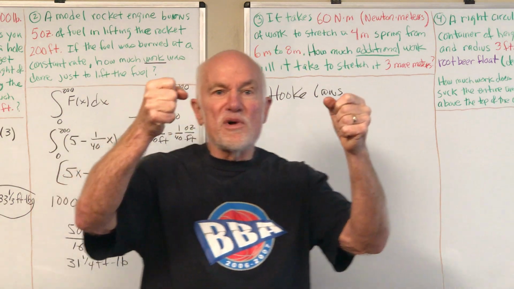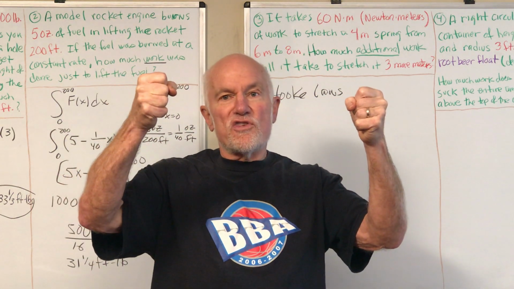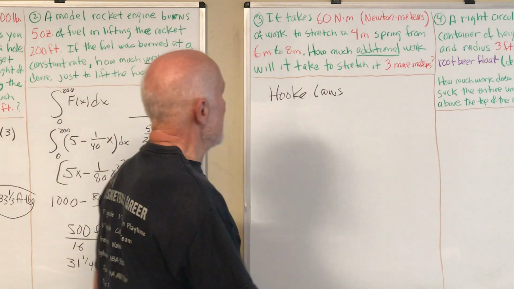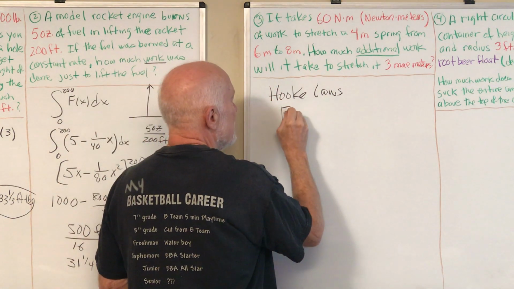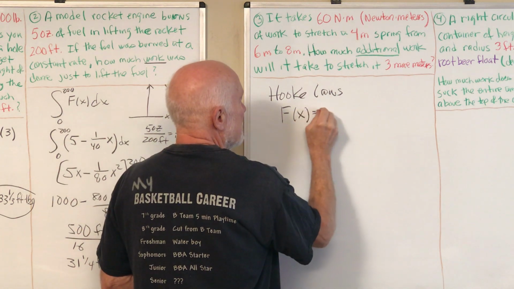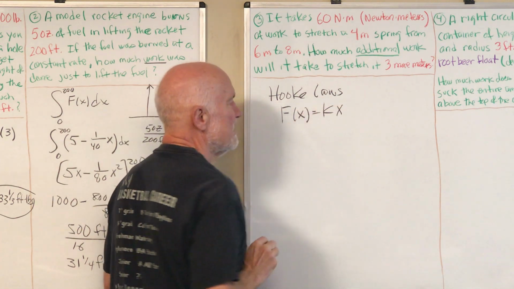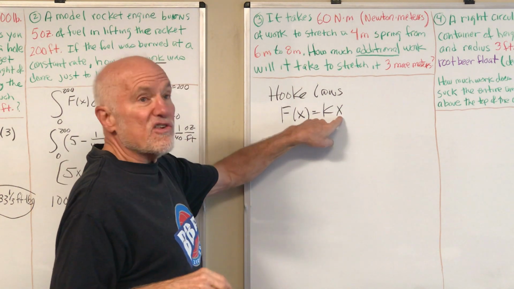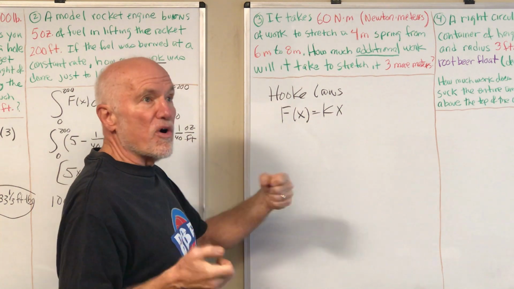So if this is the normal length, the force is directly proportional to how far you've stretched it. So how do you say that? F = kx, where x is the distance from its normal length.